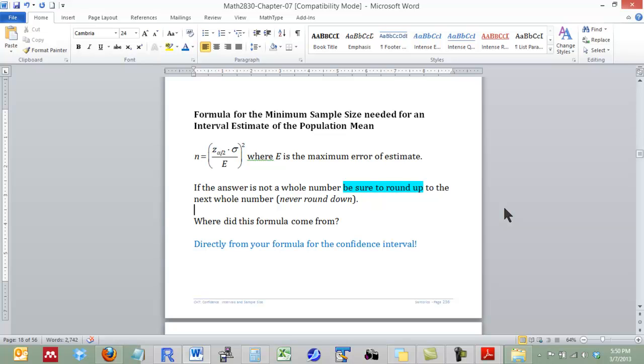Your sample size n is a function of your z, your sigma, and e, your maximum error of your estimate, also your margin of error, which is what you're willing to accept. When you do these calculations, n doesn't come out as a whole number, so to be safe, always remember to round up. Let's look at an example.